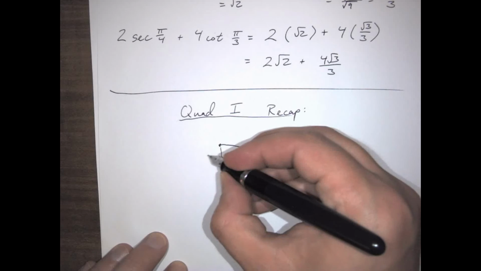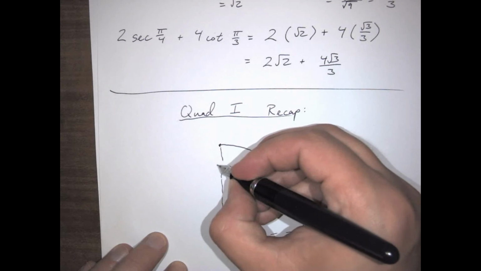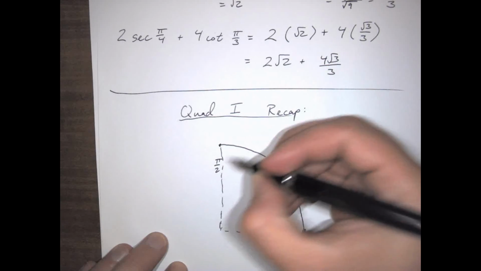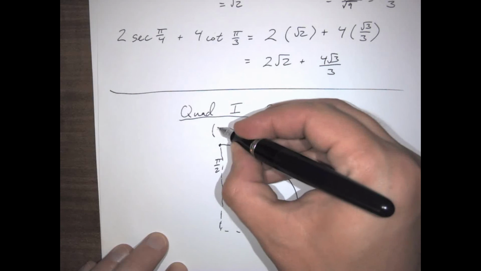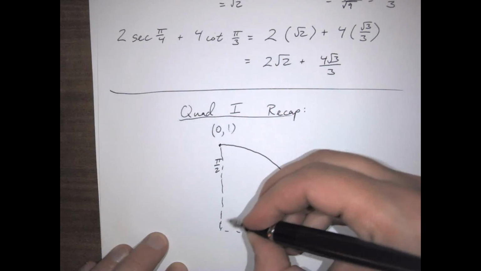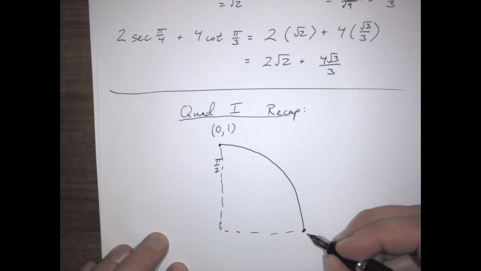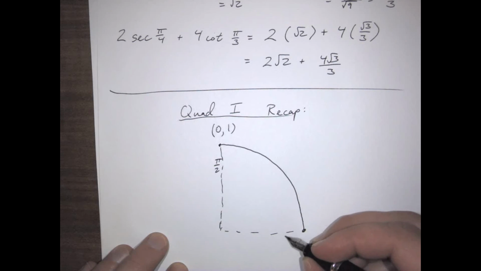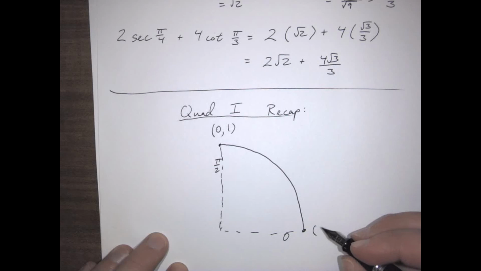So here at pi over 2, the coordinates here are 0 for x, 1 for y. That's not so hard. Down here at 0, the coordinates are 1 for x, 0 for y.